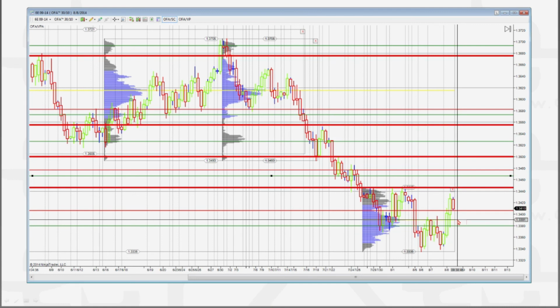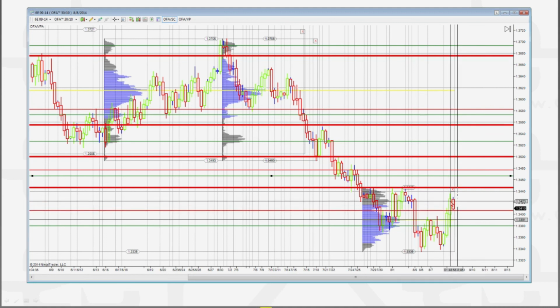Hang on one second. I got a low volume area here. So I start doing my if-then.